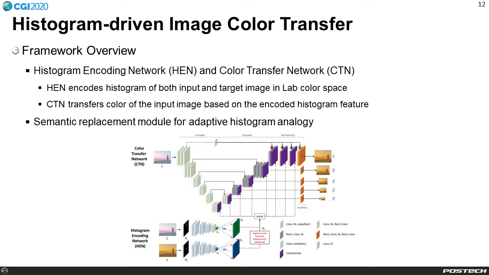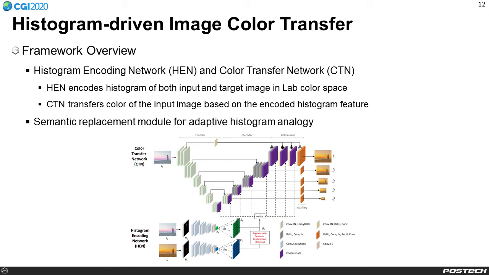Our framework consists of two networks, the histogram encoding network denoted as HEN and the color transfer network denoted as CTN. HEN encodes histograms of both input and target images, which are in LAB color space. The network is shared and separately computes the encoded histogram features for input and target images.